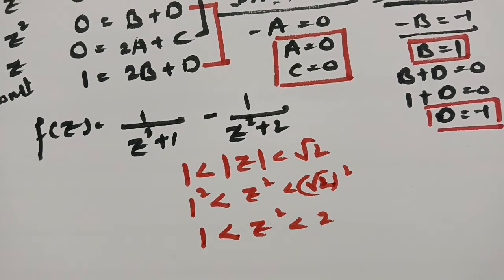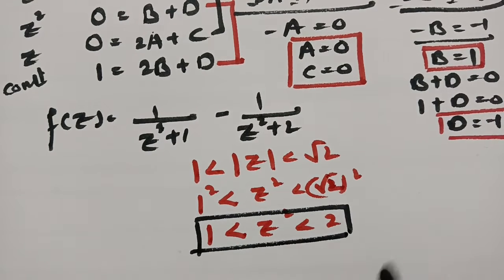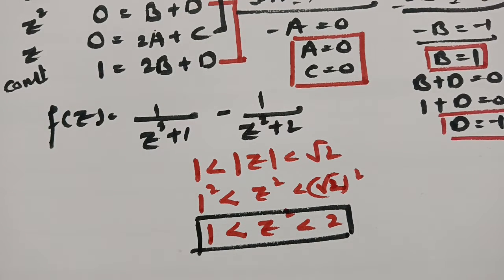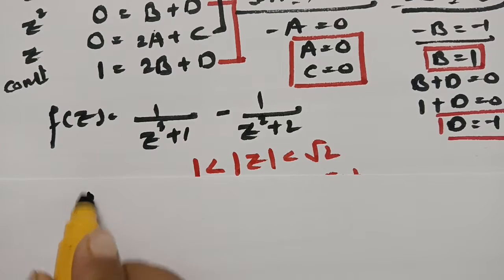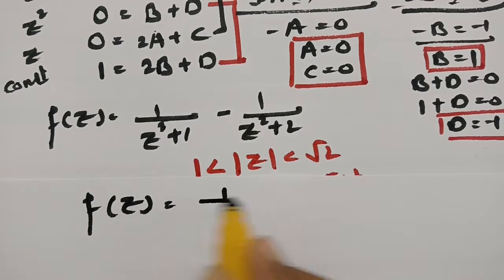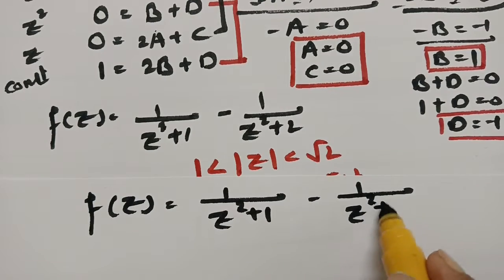And therefore using this one, I'm going to expand. So our f of z is equal to 1 by (z square plus 1) minus 1 by (z square plus 2).